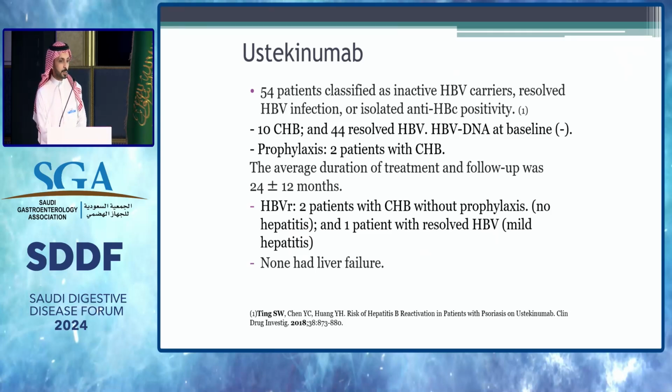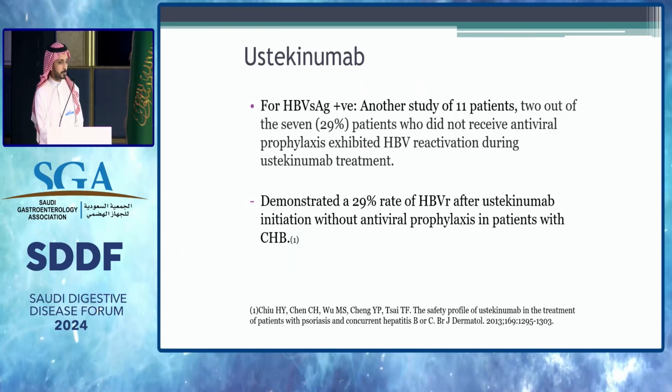Prophylaxis was given to 2 patients with chronic hepatitis B. The average duration of follow-up was 2.4 plus or minus 1 years. And then reactivation occurred in 2 patients with chronic hepatitis B without prophylaxis. However, they did not develop hepatitis. And 1 patient with resolved HBV had mild hepatitis. None of these patients had liver failure.